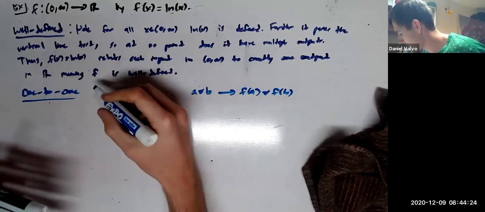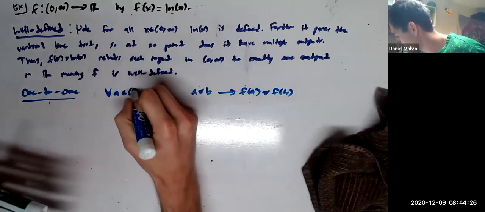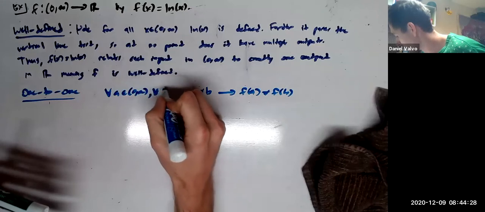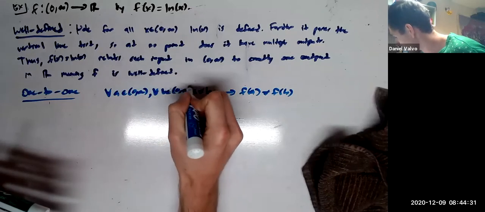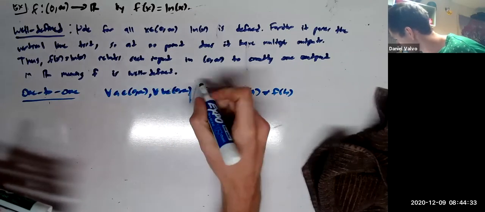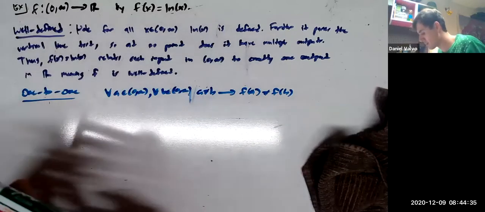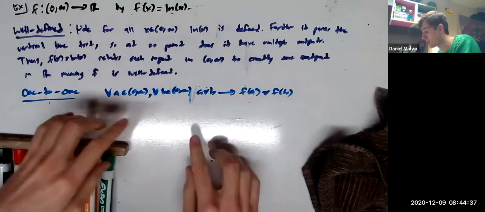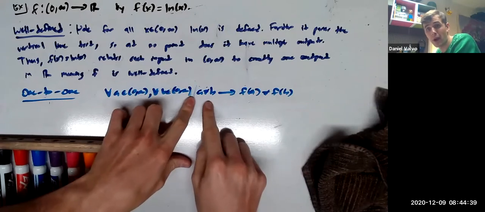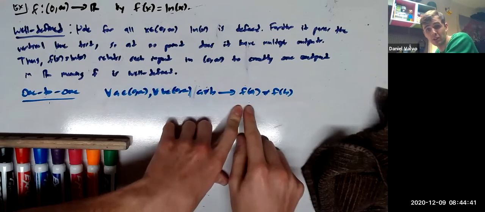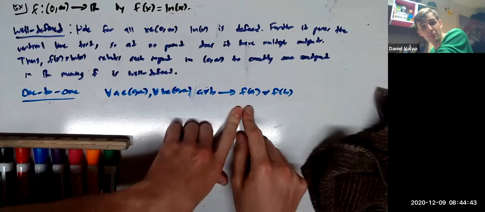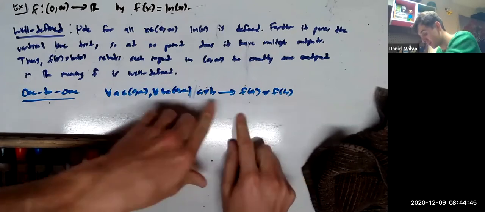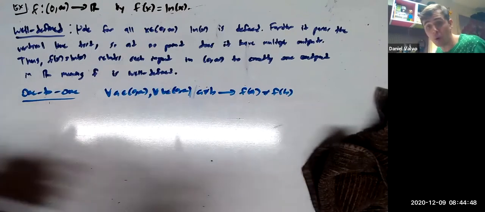I should say for all A in (0, infinity), for all B in (0, infinity), A not equal to B implies that f of A is not equal to f of B. The point is, any two distinct inputs will map to two distinct outputs. They'll map to two different things, not the same thing. That's the whole point of being 1-to-1.